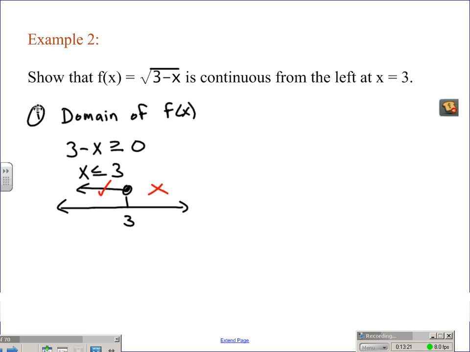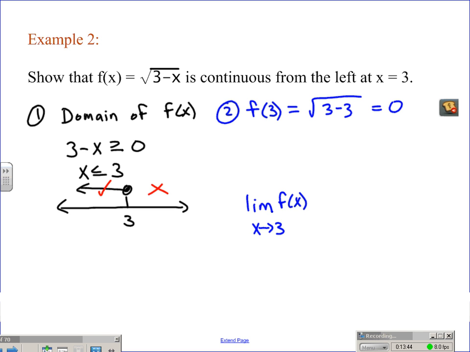So that tells me, first of all, yes, it's possible. Now, the next couple of things I have to consider is I have to find f of 3, and then I want to know that that f of 3 is going to be the same as the limit of f of x as x is approaching 3. All right, so f of 3 is just going to be 0.